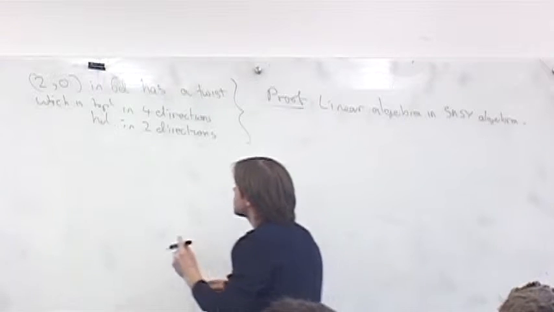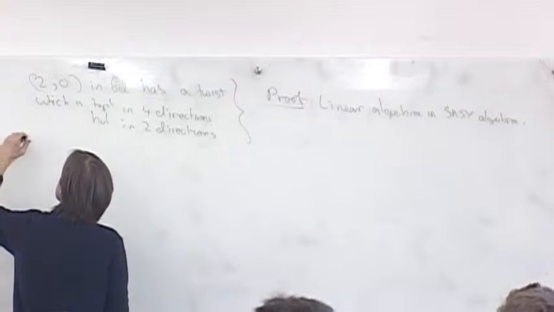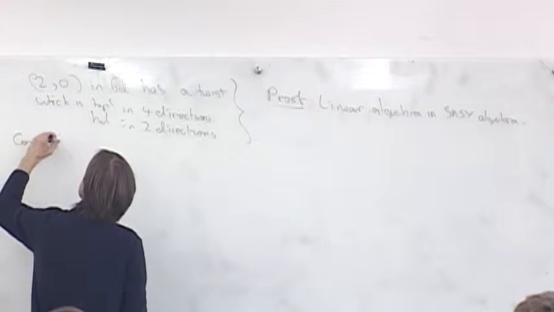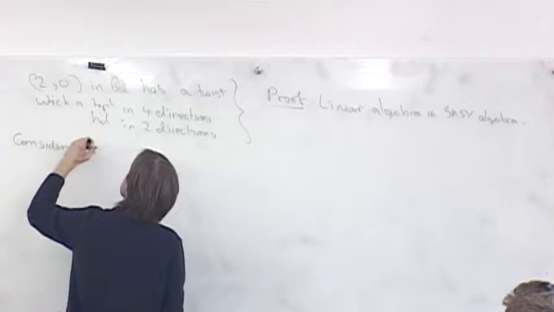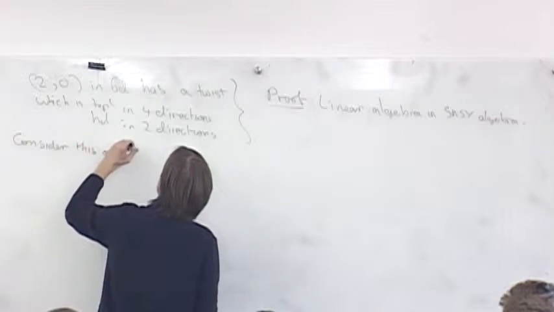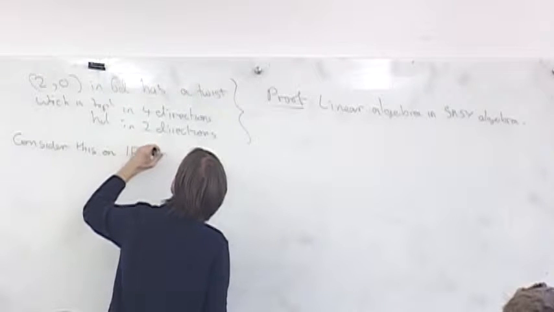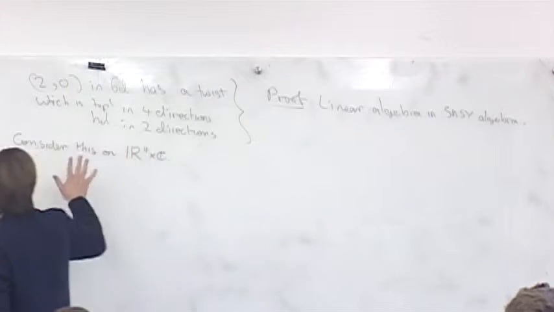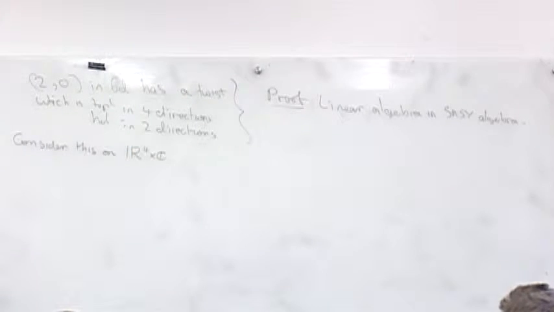OK, so what? So we consider this theory on R^4 cross C. So we want to consider dimensional reductions of it to 5 dimensions, and then we will learn things about what this theory must look like.